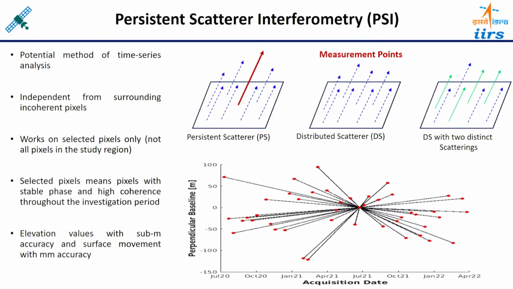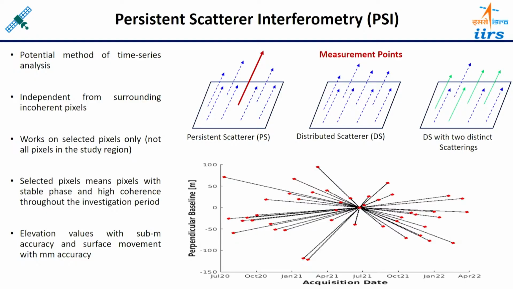You cannot consider points below 0.4 or something like that. If you consider below 0.4, 0.3, the outputs are not reliable. So keep in mind, this technique gives very highly accurate results, but PS should be there. If a natural environment is there, it means PS will not be available, and it means this cannot work for longer time series.